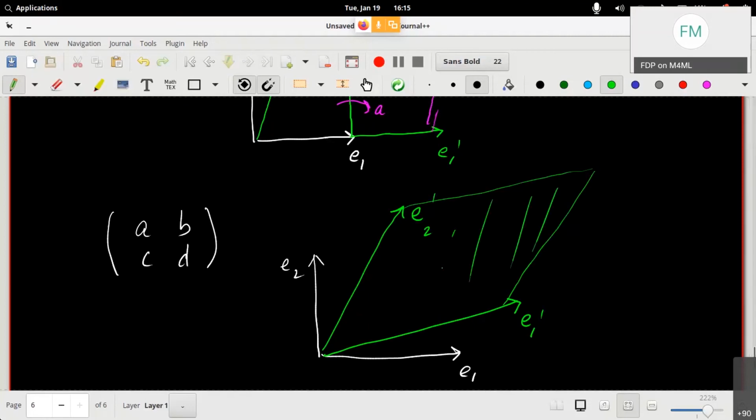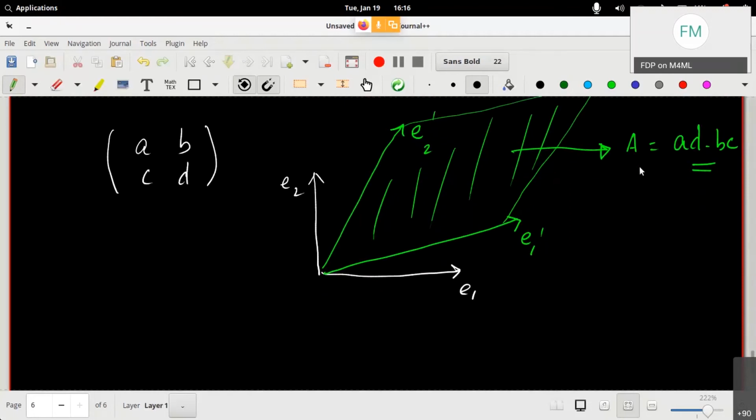If you want to find the area of this parallelogram, I don't want to do that, but the area of this parallelogram is given by A times D minus B times C. You can verify. Because of lack of time, I don't want to get into the details of that.